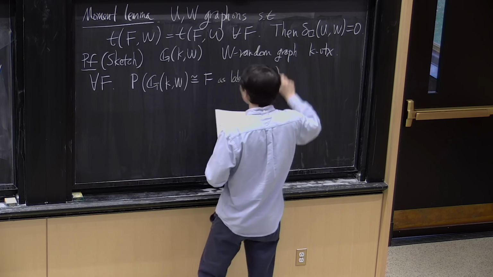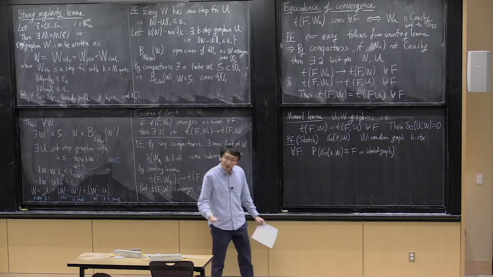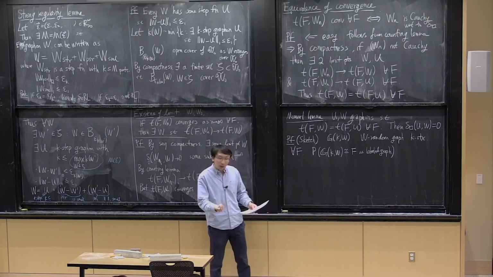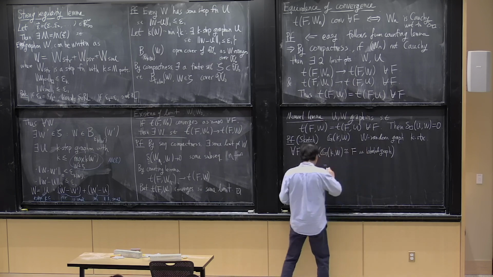So the vertices are a priori labeled 1 through k, and this k-vertex W random graph is generated with vertices labeled 1 through k. They agree with some probability that is completely determined by the F densities.